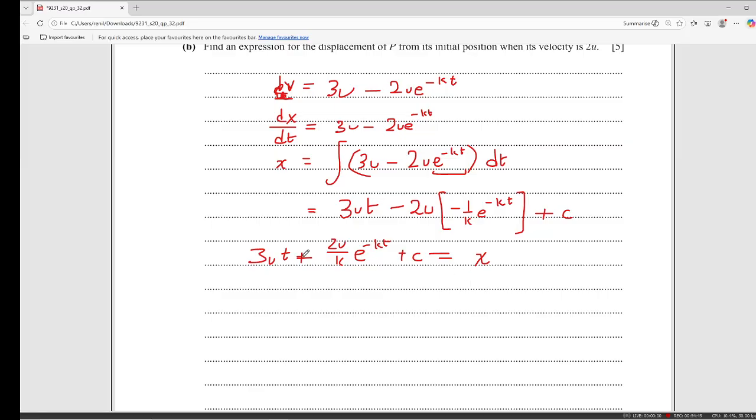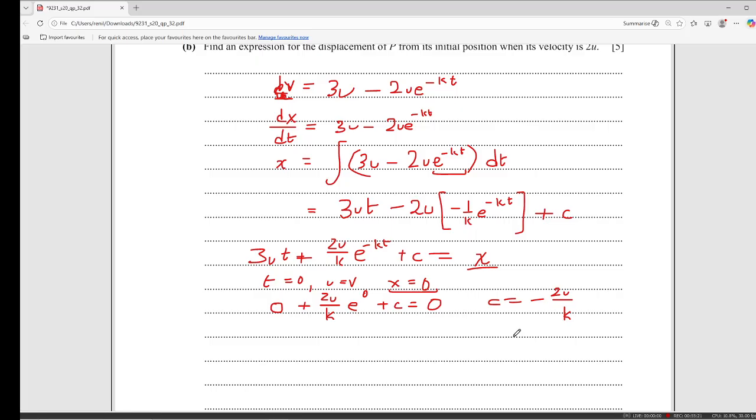Okay, fine. Now once again we can use t equals 0, u equals v. We can say that 0 plus 2u by k times e to the power of 0 plus c equals 0, because when you start it off, x equals 0, and so we can say c equals negative 2u by k.